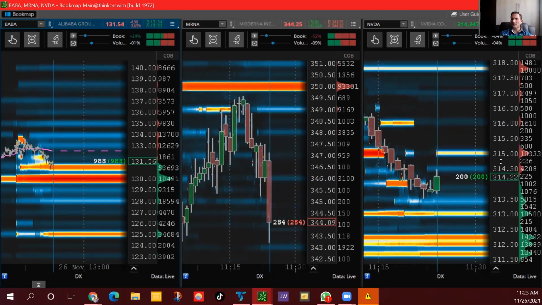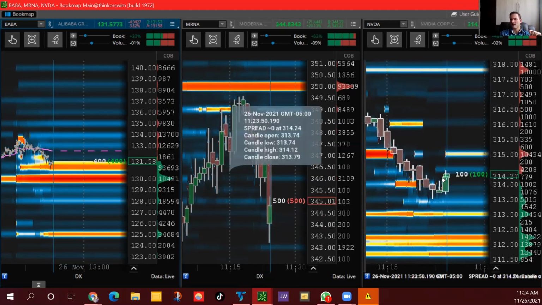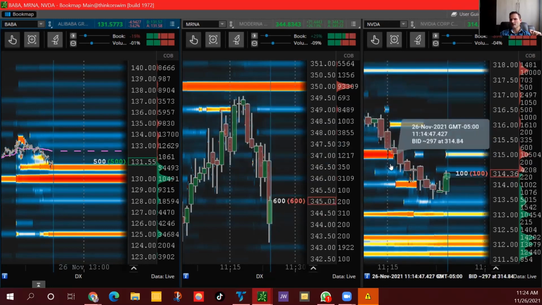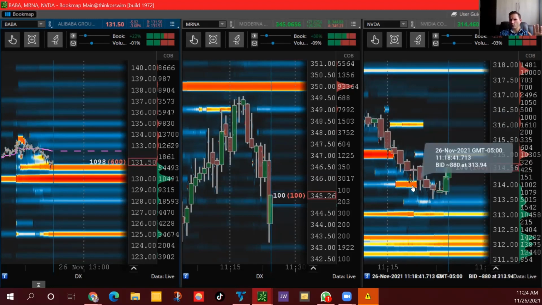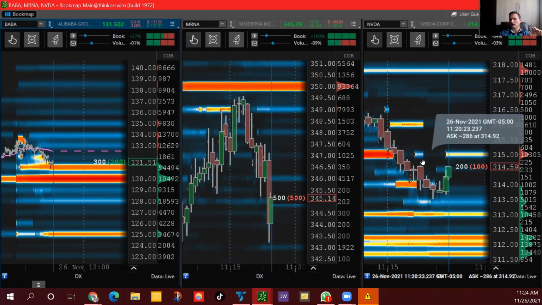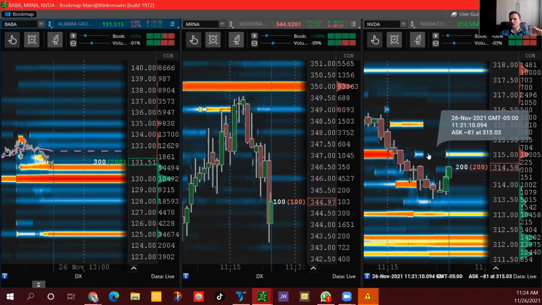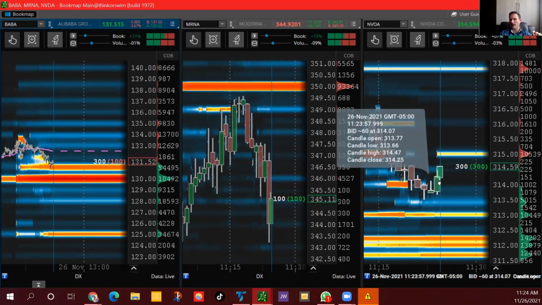All right, so NVIDIA pushing back up to 3. Sellers just came in at 315. They want to knock it back down just below 315. Remember, Sanchez, what I said? If it comes down, I'm going to look for it to blast through that liquidity. If I want to play this play, I'll see where the buyers are coming in, and then I want to play back up to the liquidity that it blasted through.